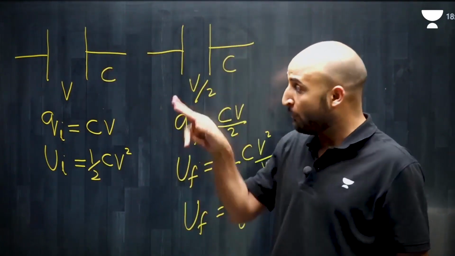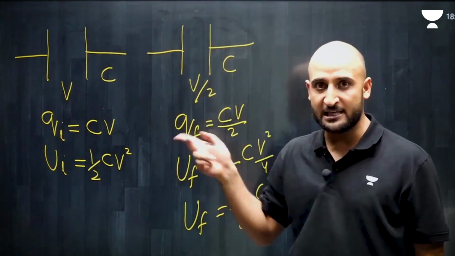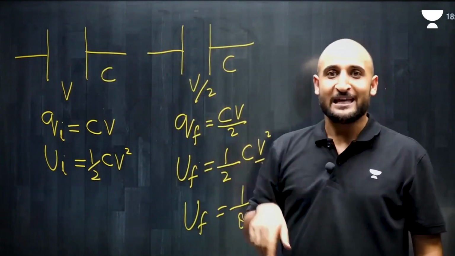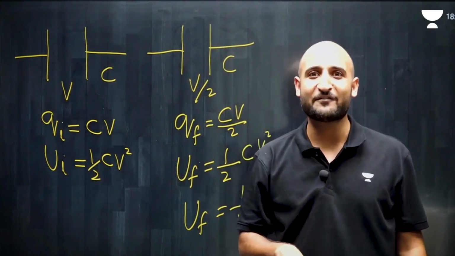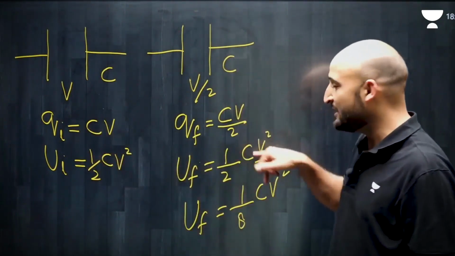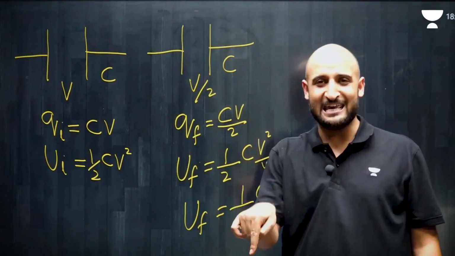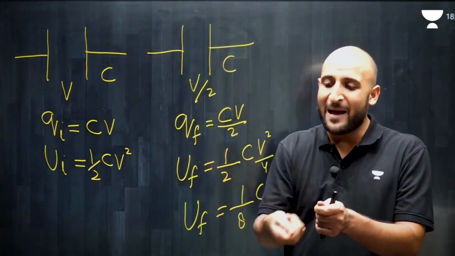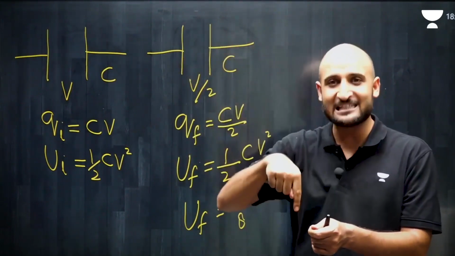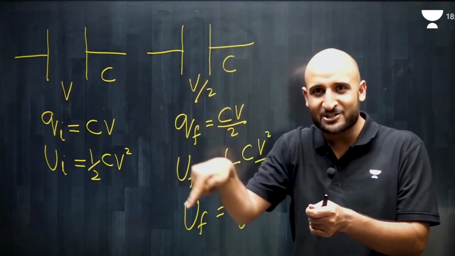CV. Now, what is the initial charge on the capacitor? CV. Final CV by 2. That means charge on the capacitor has decreased. How much? Half. Initially it was CV, now CV by 2. So in the previous question, the charge has flown from the battery to the capacitor. In this case, the charge has gone from the capacitor to the battery.